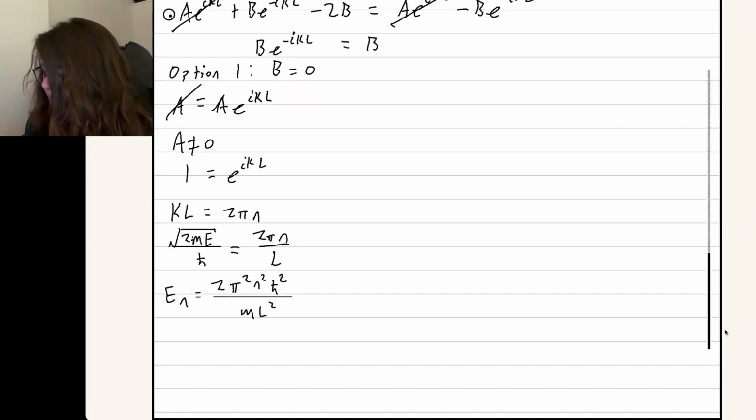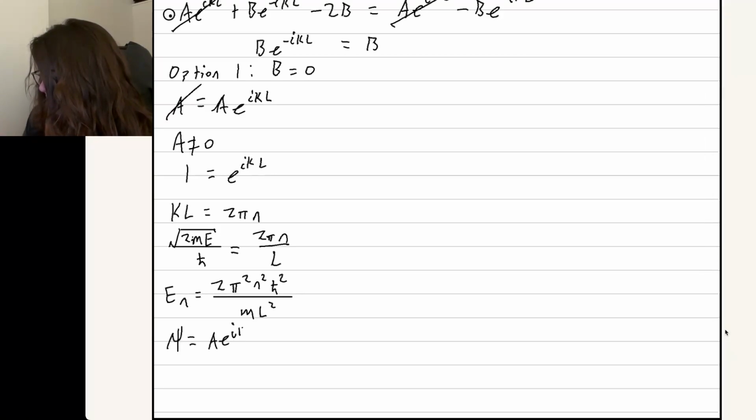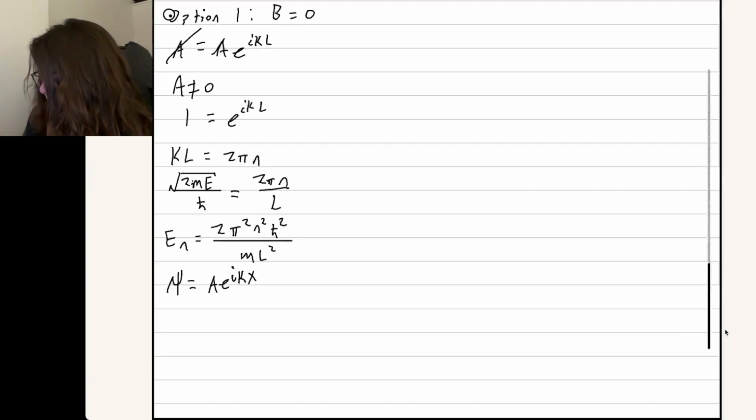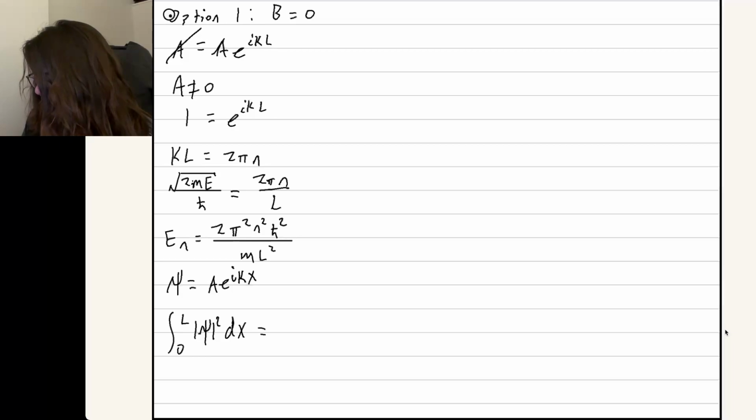We can even normalize the wave function as well, because now we know that psi equals A e to the ikx. So normalizing it is just integrating the mod squared of it from 0 to L, and setting that equal to 1.